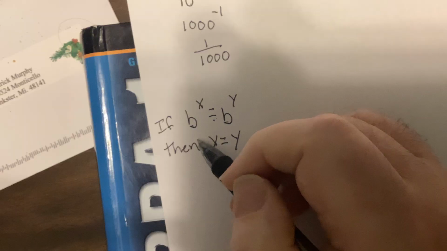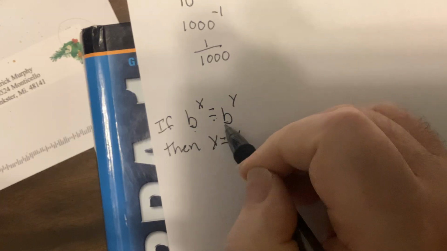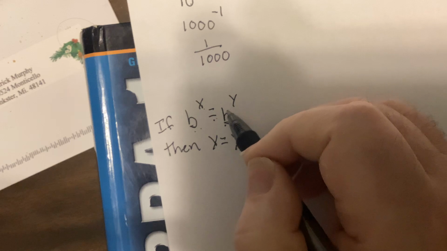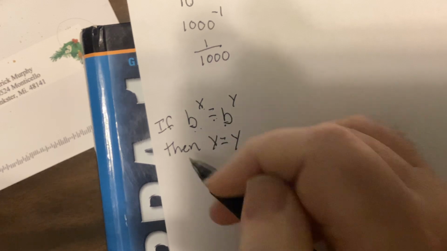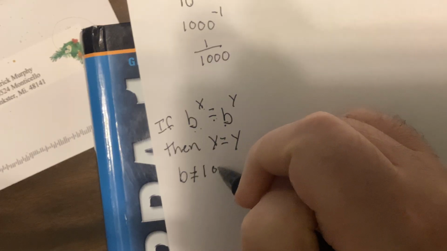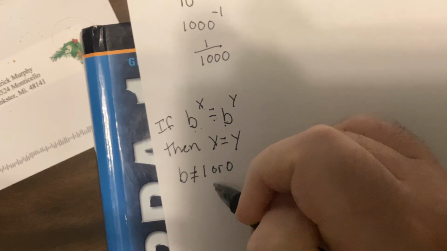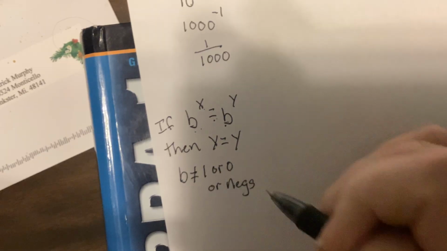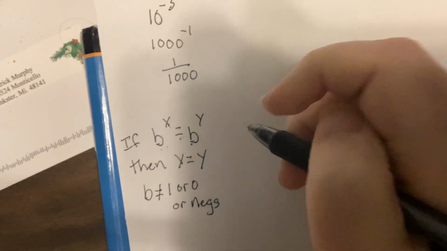Now, we do have some exclusions. Can't use 1 because 1 to the 2nd power is the same as 1 to the 3rd power. Can't use 0. And don't use negatives. And we'll talk more about that in a couple days.